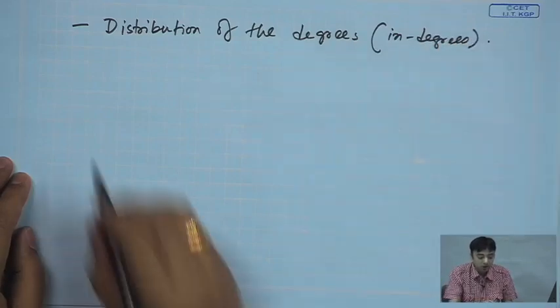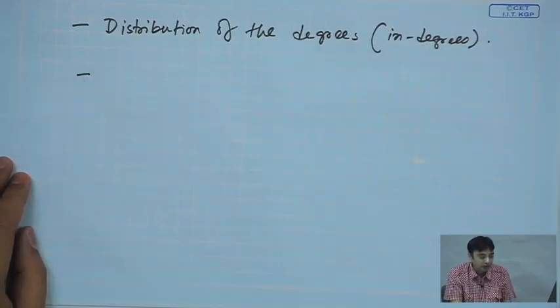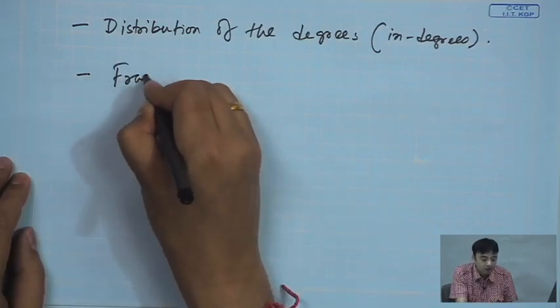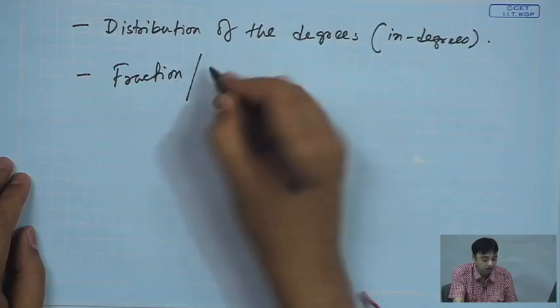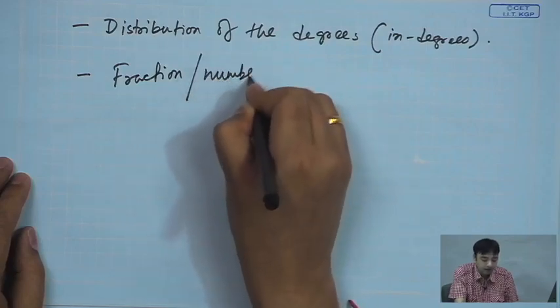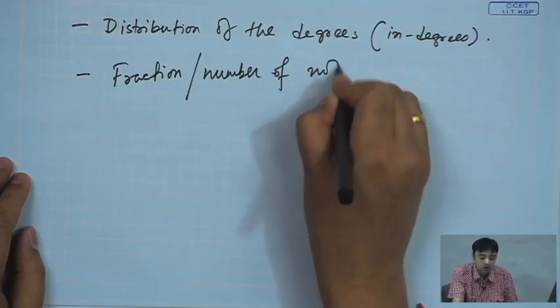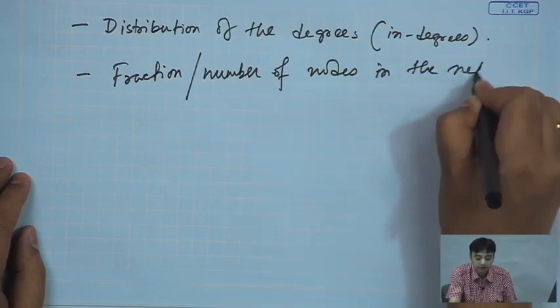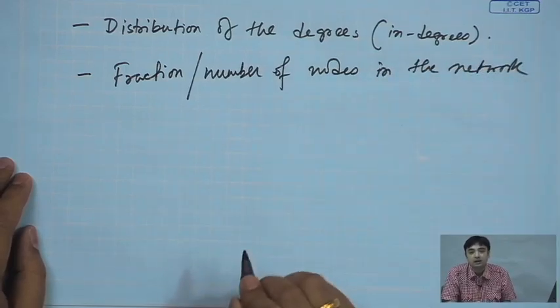So, what we are exactly measuring is the fraction or number of nodes in the network. This could be both the paper network or the author network.